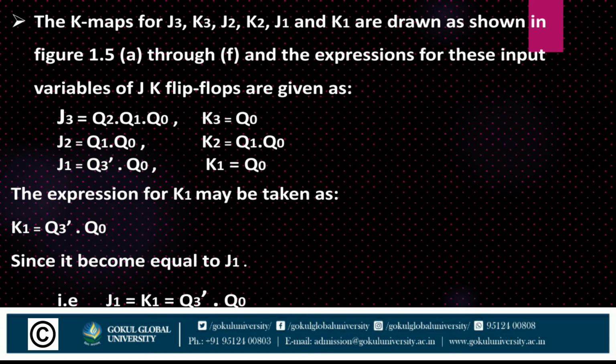J2 is equal to Q1 dot Q0, K2 is equal to Q1 dot Q0, and J1 is equal to K3 bar dot Q0 and K1 is equal to Q0. The expression for K1 may be taken as K3 bar dot Q0 since it becomes equal to J1. So J1 is equal to K1 is equal to Q3 bar dot Q0.